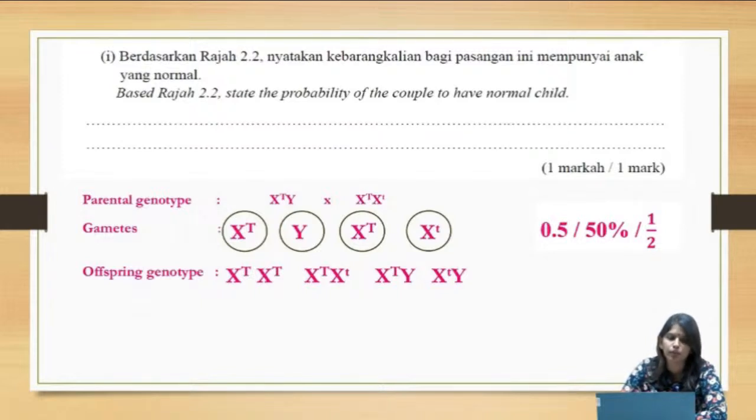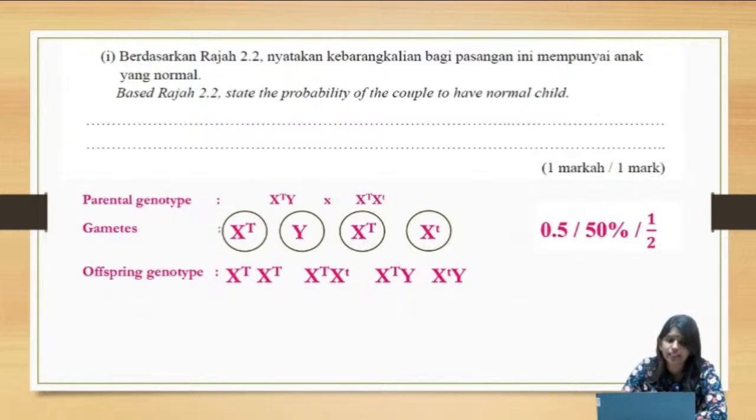And from here, you can observe that the offspring genotypes are: the first one, X carrying both dominant alleles for normal. The second one, X carrying the dominant allele and the recessive allele for the disease.